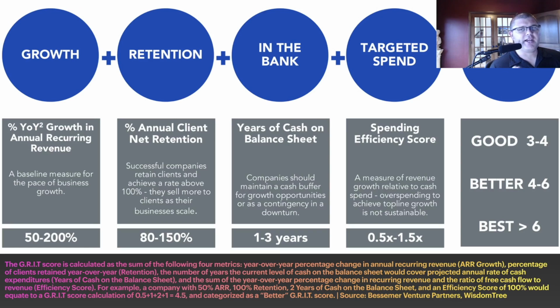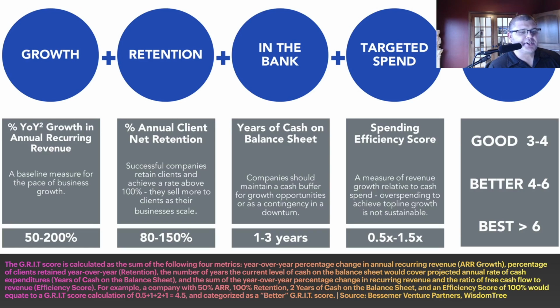And that's why the stock's done so well, because they're achieving very good ARR growth and they're having huge cloud increases, like 80% year over year. The percentage of clients retained year over year is called the retention. The number of years the current level of cash on the balance sheet would cover projected annual cash expenditures. Again, that's the years of cash on the balance sheet.